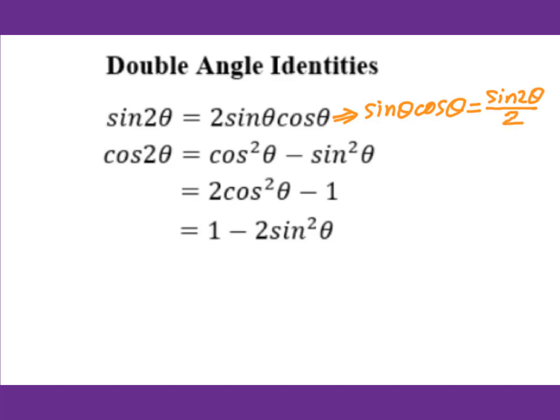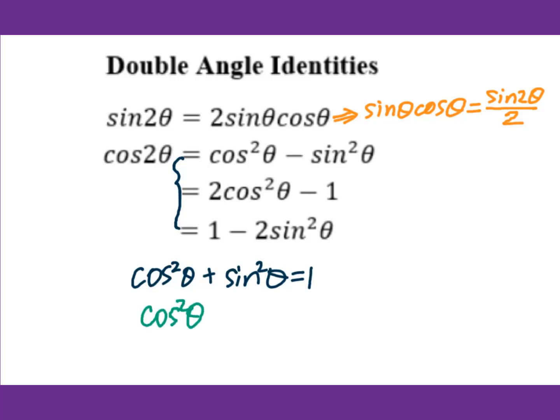For cosine 2 theta, you have 3 options. First, cosine squared theta minus sine squared theta, compared to cosine squared theta plus sine squared theta, which equals 1. Cosine squared theta minus sine squared theta equals cosine 2 theta.